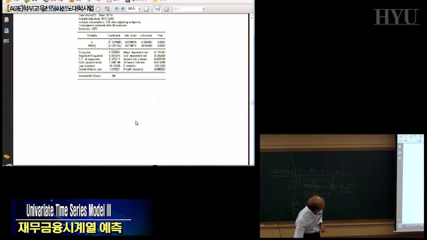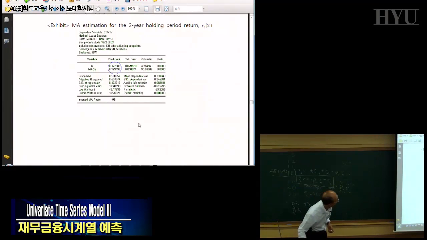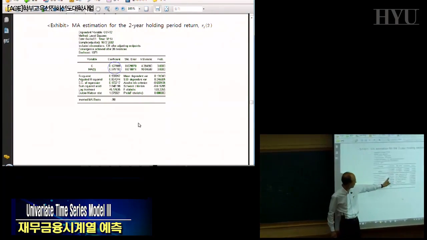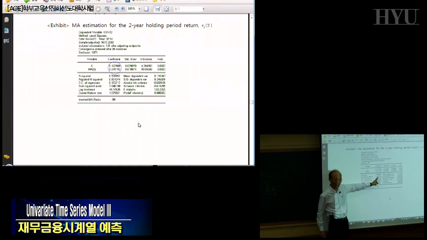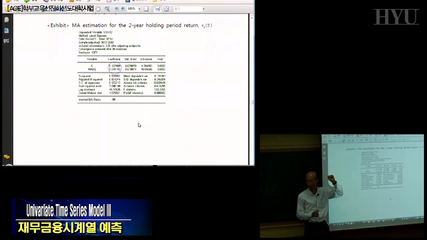Previously, adjusted R squared 0.50. This one is greater. There's only one parameter to be estimated. This one is greater. So which one is better if you compare these two? Looks like this one is better. Although it has a small number of parameters.